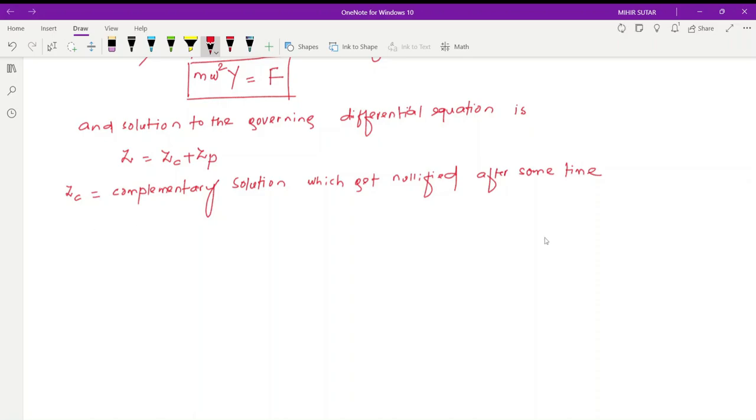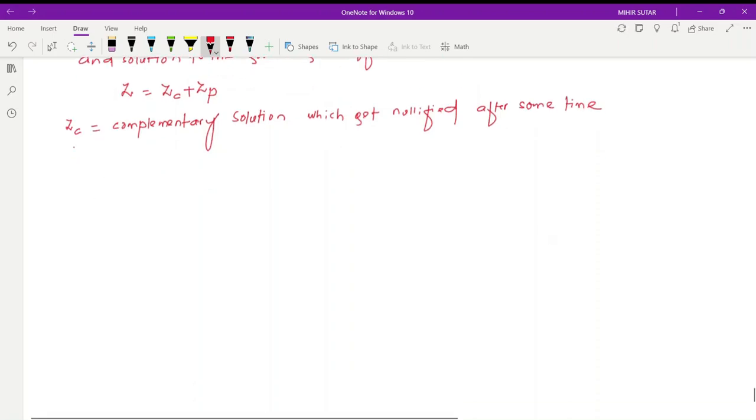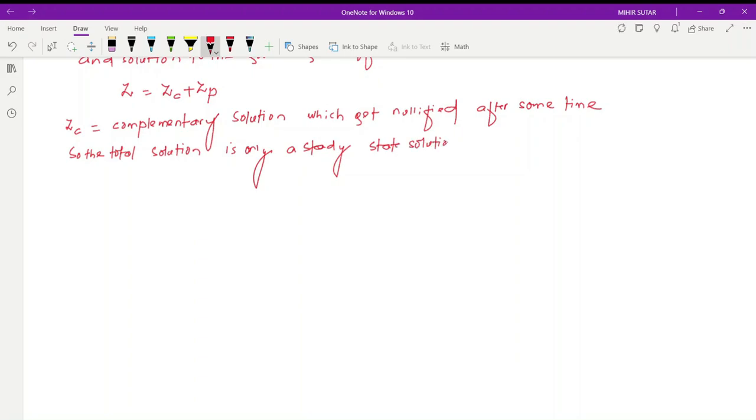So the total solution is only a steady state solution z(t).